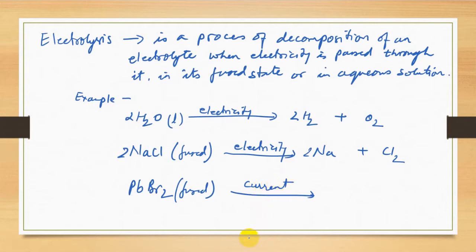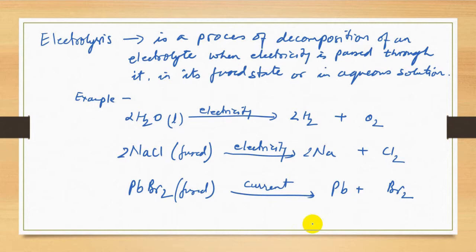Don't get confused there. If current is written or electricity is written, both mean the same. So lead and Br2, bromine is formed. Understood?